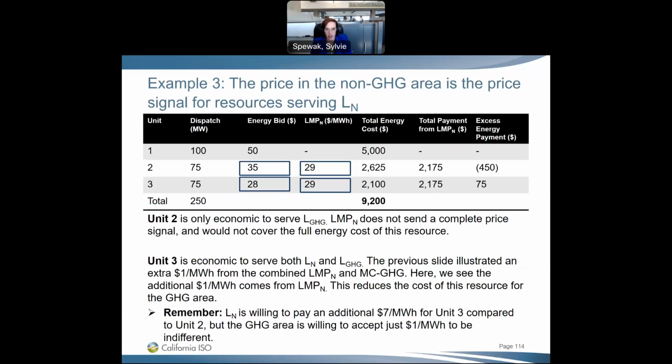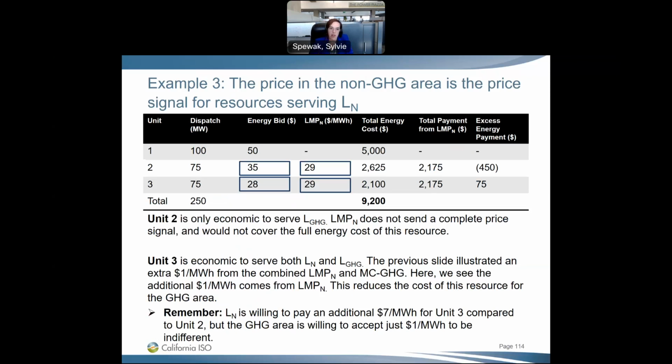The total energy cost of this resource is $2,100, but it actually receives a payment of $2,175, and that's a $75 excess payment from LMPN. And this ends up reducing the cost of this resource for the GHG area.